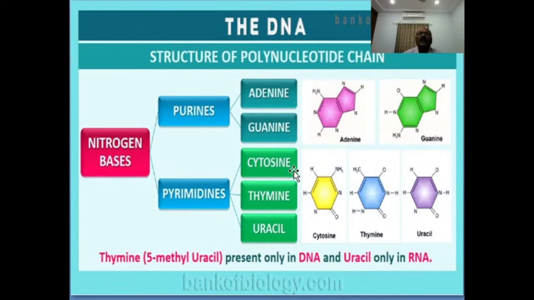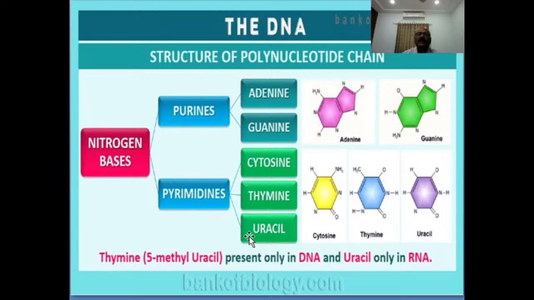So adenine, guanine, cytosine, these 3 nitrogen bases are common to both DNA and RNA. Thymine is present only in DNA, uracil is present only in RNA. Thymine is also called 5-methyl uracil. Adenine and guanine belong to purines, that means double ringed nitrogen bases.